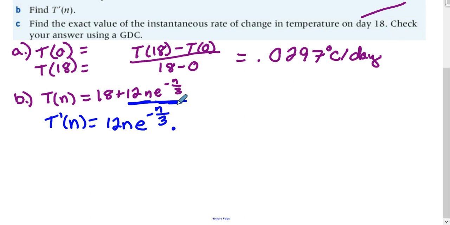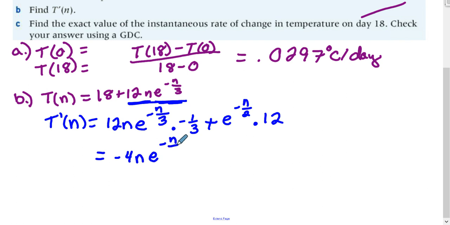Derivative of the exponent is negative 1/3. Plus the second part times the derivative of the first part, which then just simplifies to negative 4n e to the negative n over 3 plus 12e to the negative n over, ooh, I put 2 before, sorry, that's a 3.